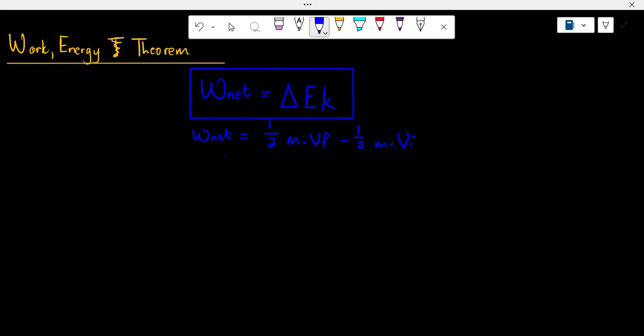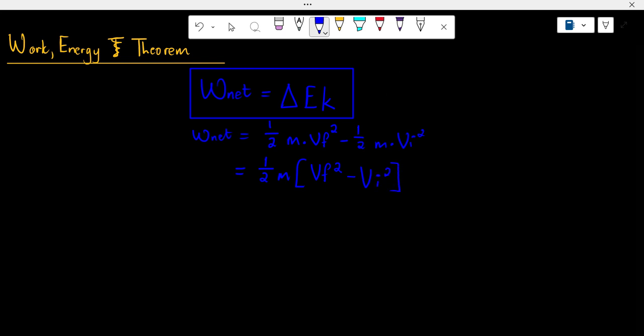Remember, that's what it means for delta K, delta EK. Notice that we have a common factor here, which is 1 over 2m. So I can factor that out, and this becomes 1 over 2m open bracket v final squared minus v initial squared.